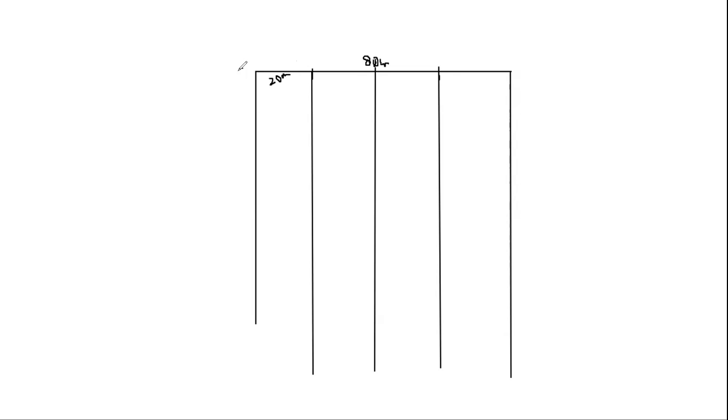It means this is, suppose, A, this is B, C, D, E. So this is, suppose, number 1, number 2, number 3, and number 4. Four compartments we have.